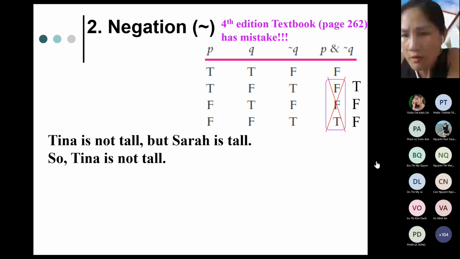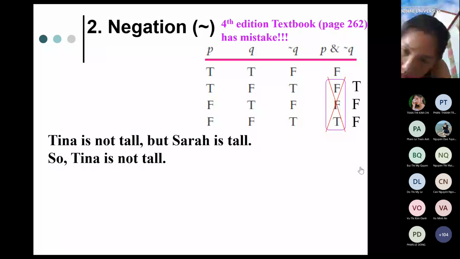Another answer is from Thu Anh. Again, I need to turn my head. Trần Thu Anh said, right, Tina is not tall but Sarah is tall. She rewrote the question. And what does PQ mean? Thu Anh didn't explain. Thu Anh converted it into: Tina is not tall but Sarah is tall, and then negation P, Tina is not tall.